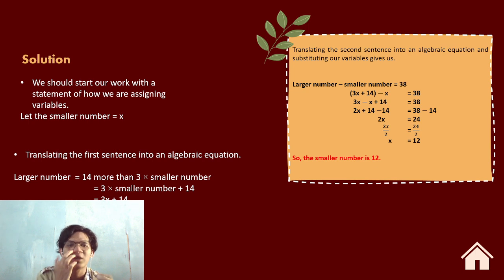So we subtract 3x with x, so we get 2x plus 14. Then we subtract both sides by 14. Then we get 2x is equal to 24. Then we divide both sides by 2, so we got x is 12. So the smaller number is 12.